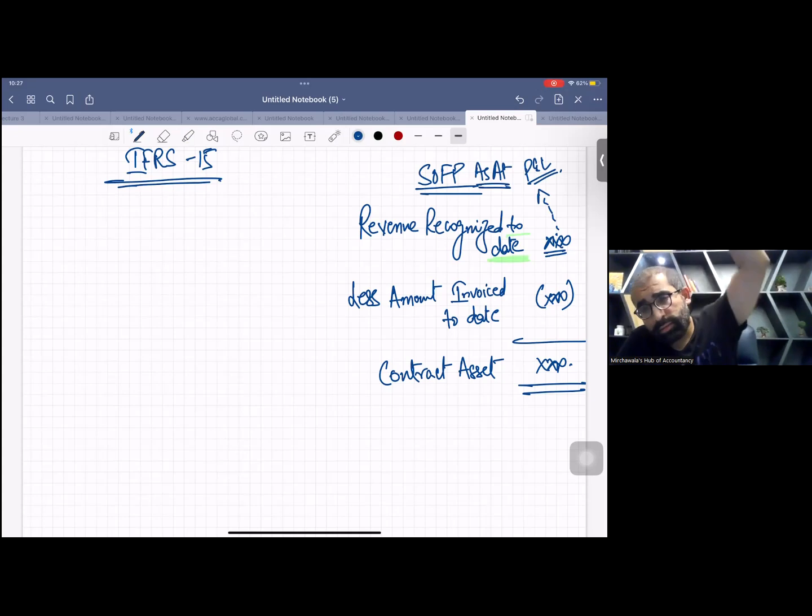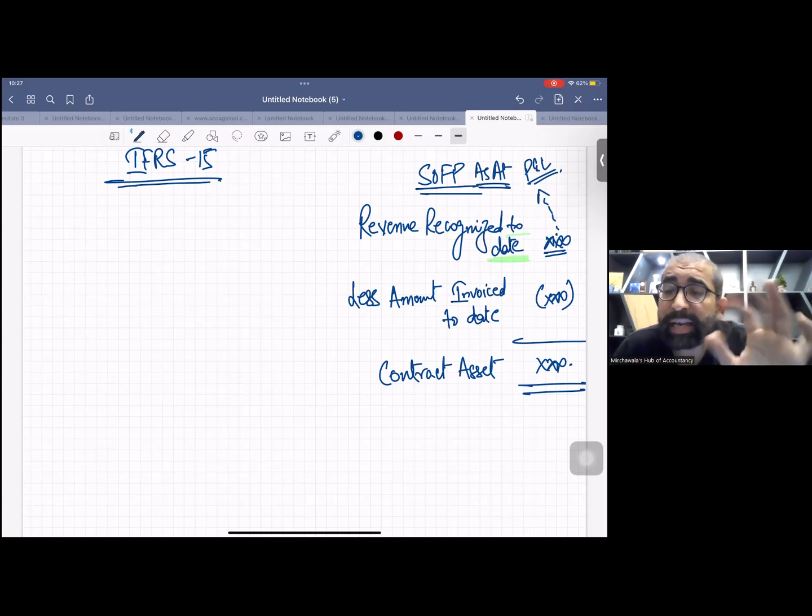Since your basic level education, we have been teaching you that SOFP is always as at, remember? So don't forget, it's revenue recognized to date, less amount invoice to date.